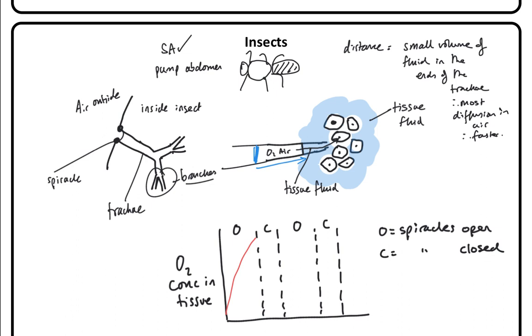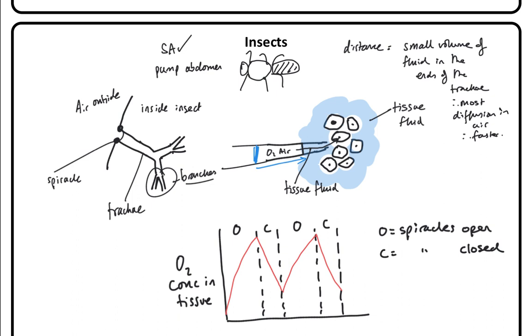And then they close their spiracles and the oxygen decreases. So you end up with this coming down line because fresh air can't get in. It's like us holding our breath. The air in the alveoli would start to have less and less oxygen and more carbon dioxide. Then it opens again, and then it closes again.